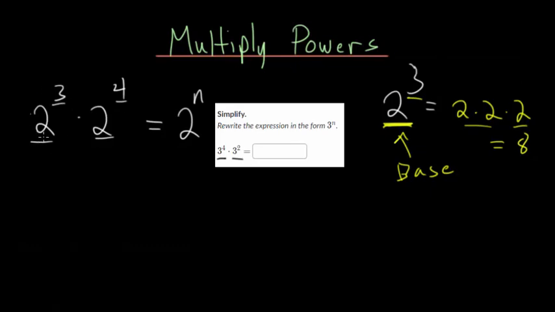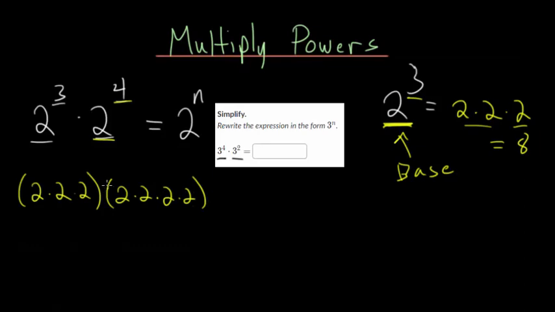But I'm first just going to rewrite 2 to the third as 2 times 2 times 2. Now, we could actually multiply all this out, but for this particular problem, we're looking to just simplify the exponent. So I'm first rewriting 2 to the third as 2 times 2 times 2. And then 2 to the fourth, we're going to take 2 and multiply it 4 times. So we'll rewrite that as 2 times 2 times 2 times 2.